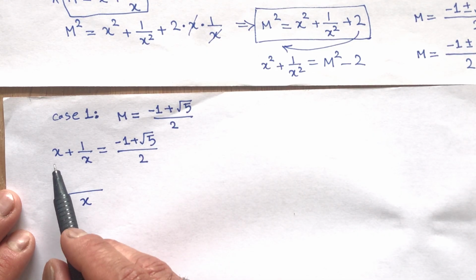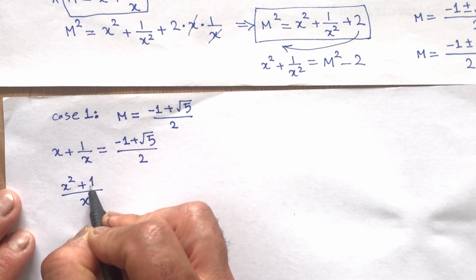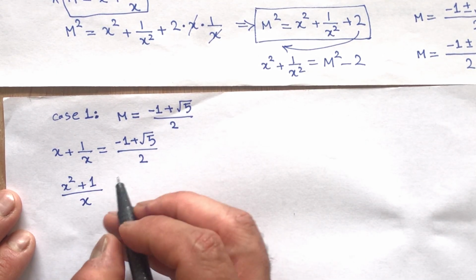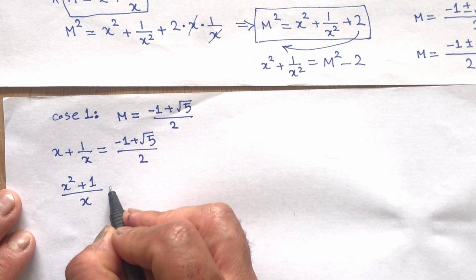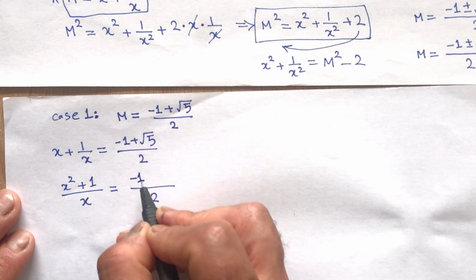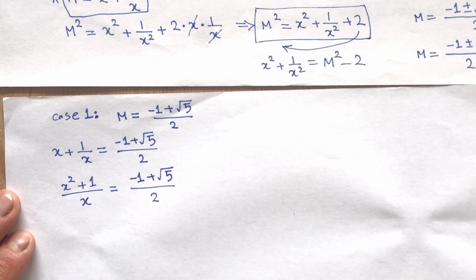Now this one is x squared plus 1 for these 2 terms when they are added up, equals to 2 over minus 1 plus square root of 5.